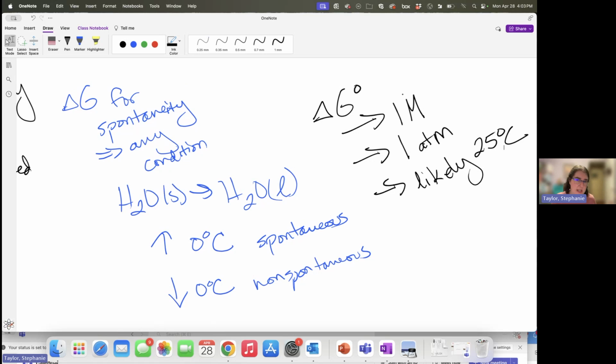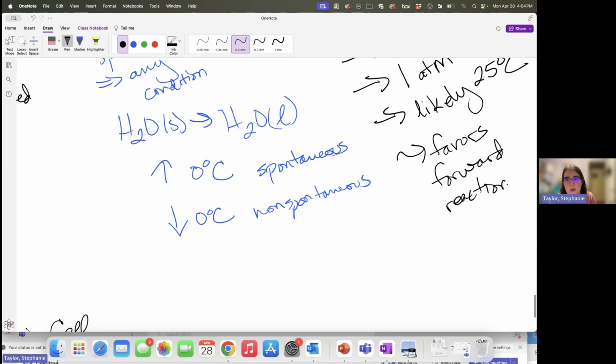So for delta G standard, you can still use the word spontaneous. I often try not to. I will often use this to say it favors a forward reaction, just so I can differentiate a little bit between what's going on here.